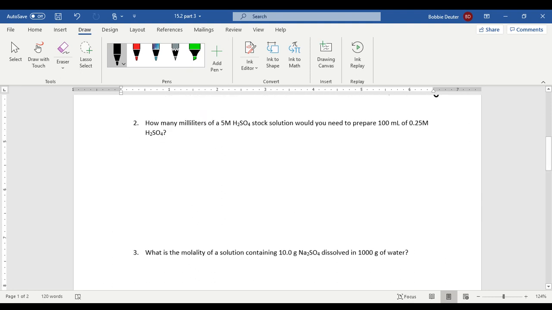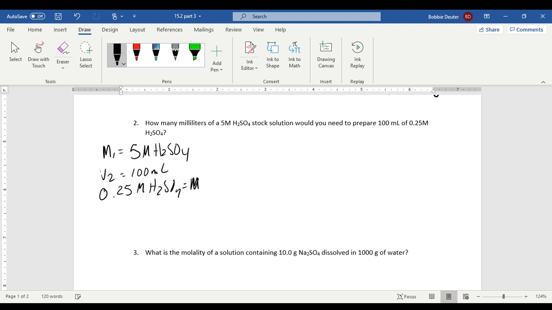Let's try another one. In this case, it's giving us our stock solution, which will be our M1, of a 5 molar sulfuric acid solution. And it wants us to prepare, so that'd be our volume 2, 100 milliliters of that at 0.25 concentration. So a much weaker concentration, which would be usable for students.